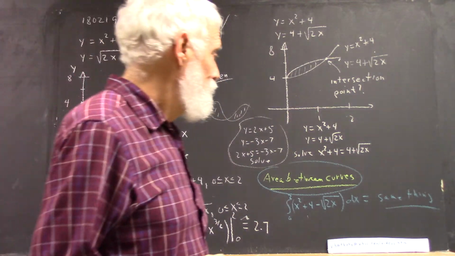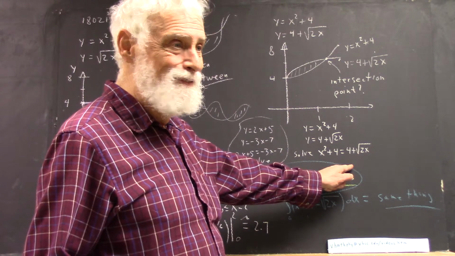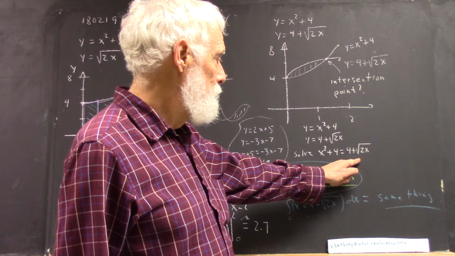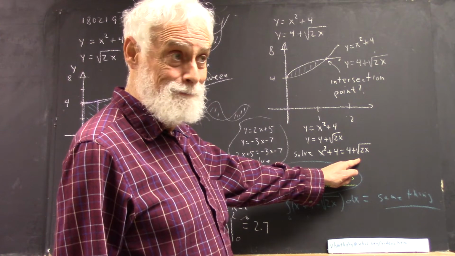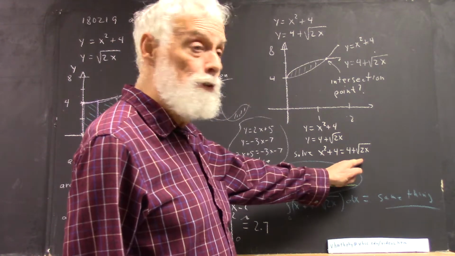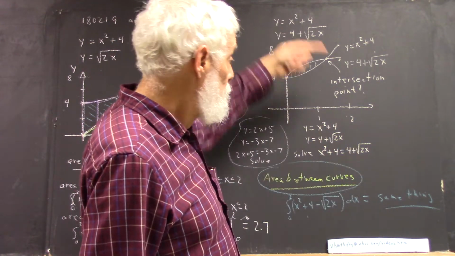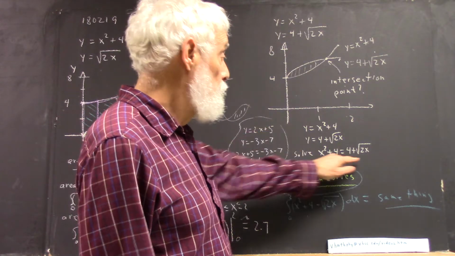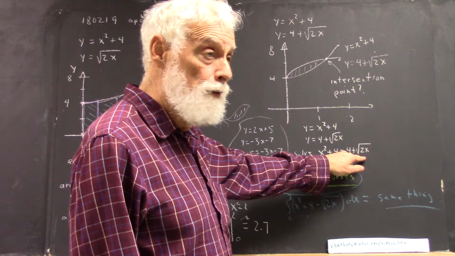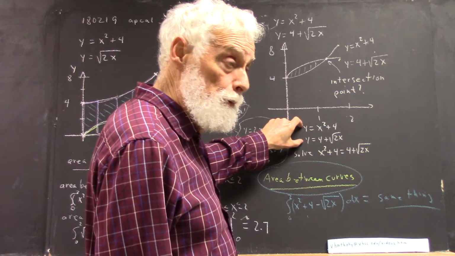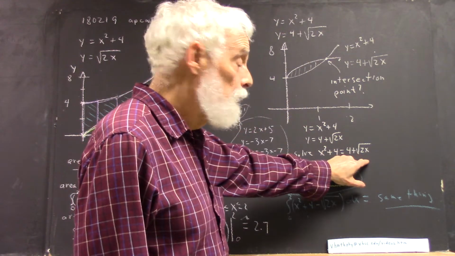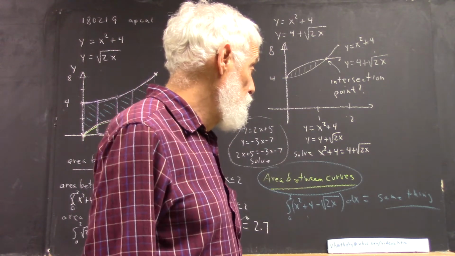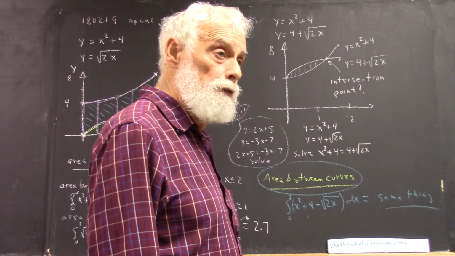Now, that's easy to say, but that actually turns out to be a hard, maybe even impossible equation to solve. Still, this is what we always do. We set the two expressions for y equal, and that'll tell us the x value that makes the y values equal. So we might have to approximate our solution because we're going to end up with a fourth order equation. That's always loads of fun.